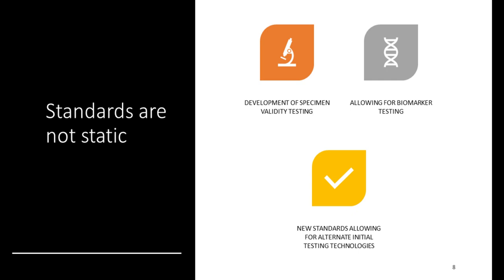Standards, however, are not static. You just don't set them and go. There is a review process that occurs on an annual, semi-annual, or a 5-year basis, depending upon the standard.